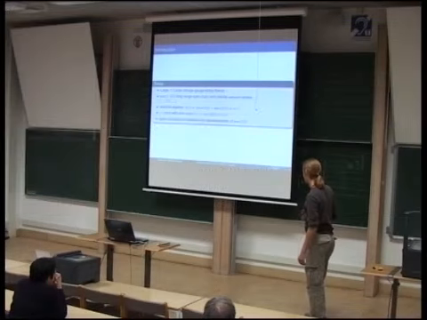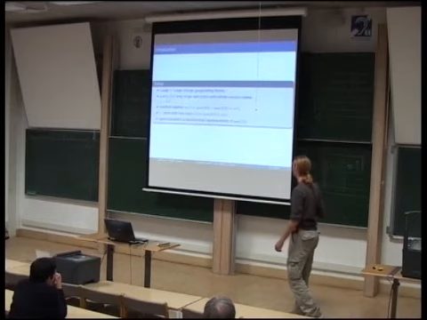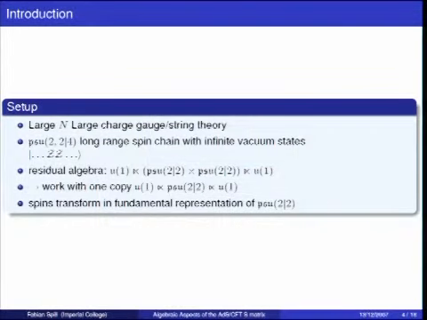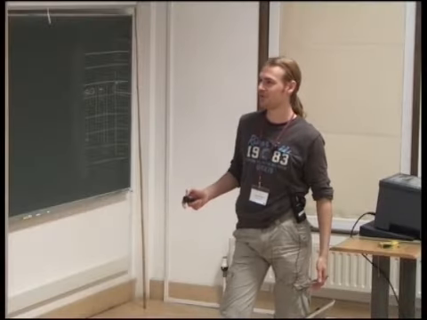So I will deal with long range spin chains, symmetric under PSU(2,2|4), and usually infinitely long spin chains. So I insert infinitely many vacuum states, complex scalar fields, and as we all know, in the process of choosing this vacuum, we have this residual symmetry algebra, two copies of PSU(2|2), and this product structure enables us to work with one copy.